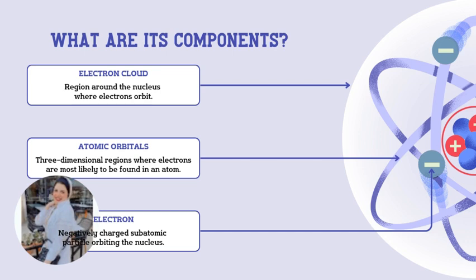Let's differentiate between proton, neutron, and electron. Proton and neutron: these particles are inside the nucleus. Electrons are moving around the nucleus.